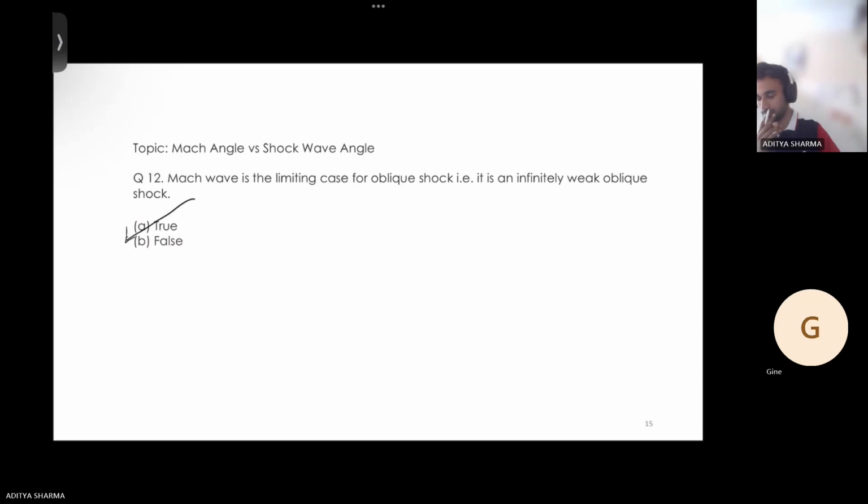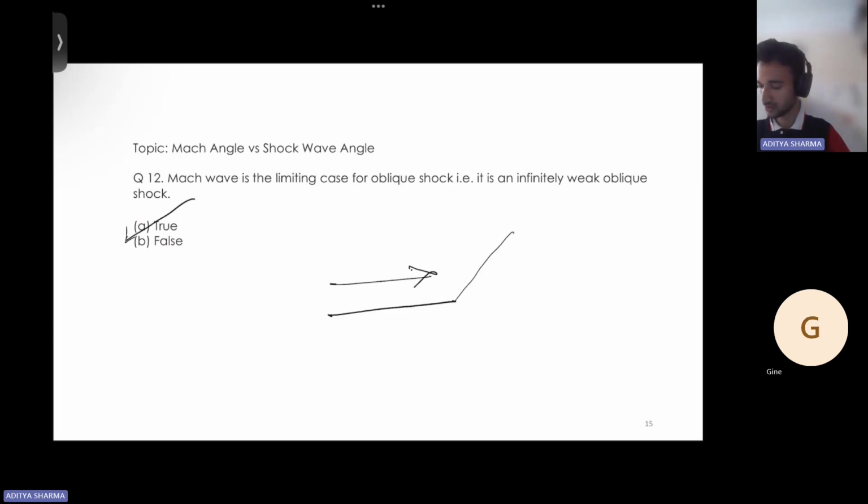Okay. So if you see, it has been drawn like this, right? So if this is the flow direction, then this becomes your Mach wave if your flow is moving with sonic Mach, right?